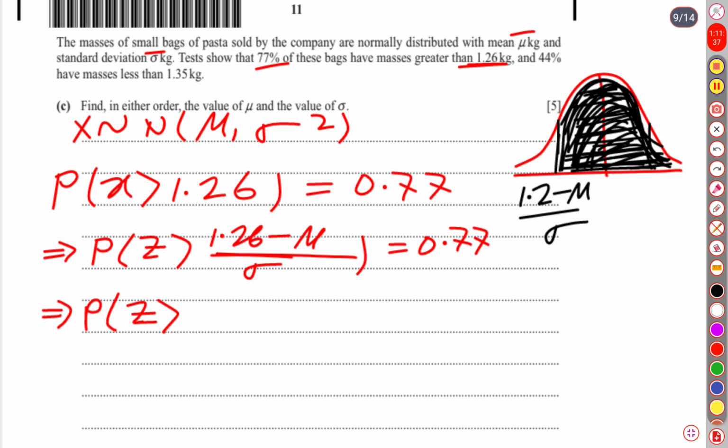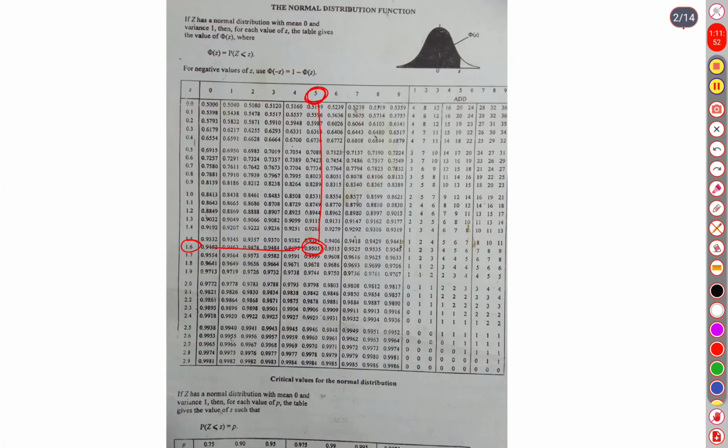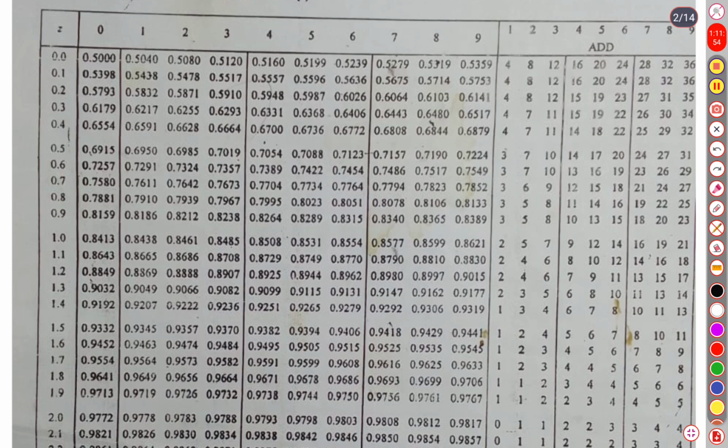So let us write negative. Now for probability 0.77, we will have to find the corresponding z score. Let us go back to the probability table. Our probability is 0.77. We see 0.7673, so 27 more is required.